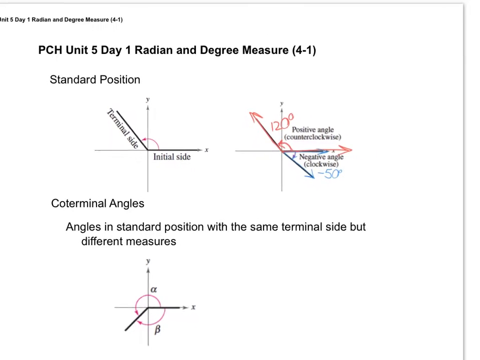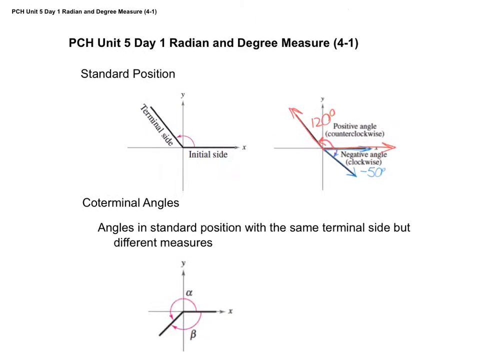Now, another term here that you need to be familiar with is the idea of coterminal angles. Coterminal. If you break down the word and understand what the term is saying, it's easy to remember, okay? Co is a prefix meaning what?